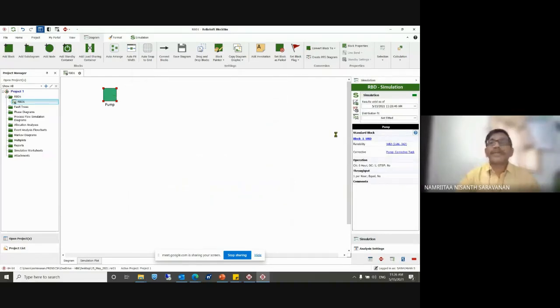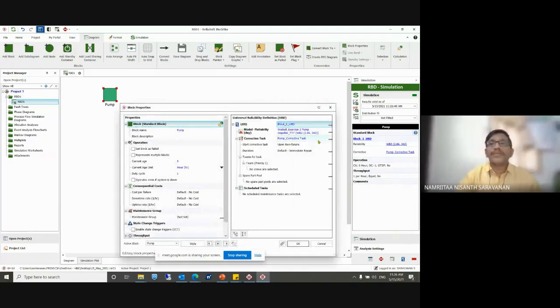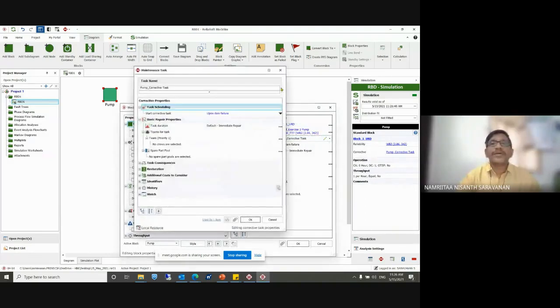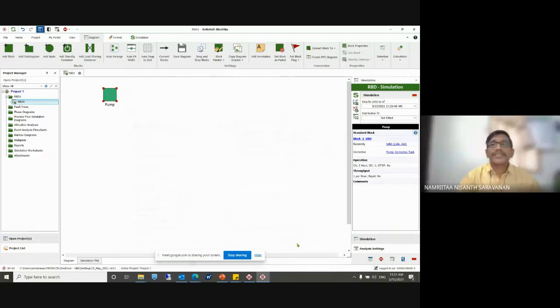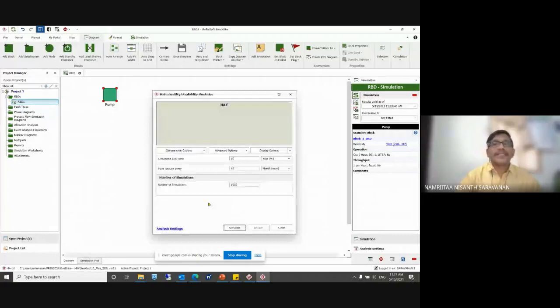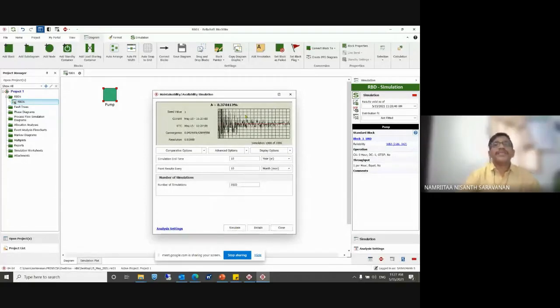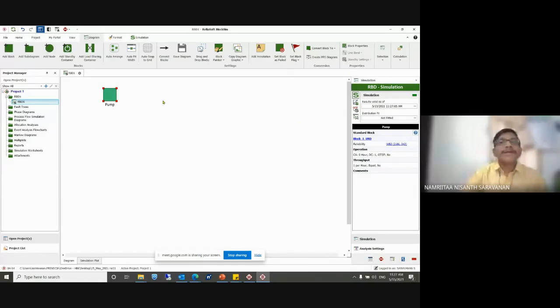Because I have put some corrective maintenance also, let me remove that corrective maintenance and show. In this case, I just run the pump. Can you see here? The pump availability is 8. What does it mean? I have a pump which I'm running for 5 years.